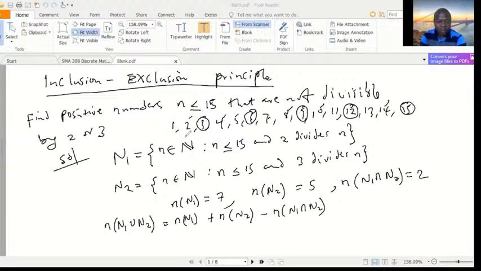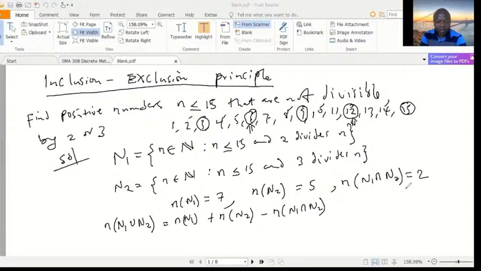And you can see which ones these are. 3 is not, 4 is not, 6 is one of them. Is it divisible by both 2 and 3? Yes. 9, 15, 12. 12 is another one. Is it divisible by both 2 and 3?